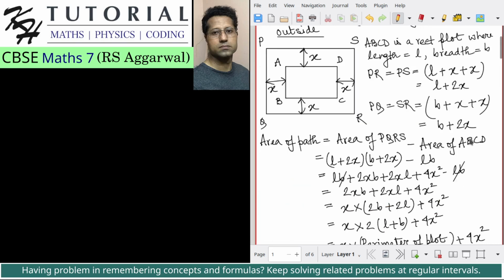Please be careful that the perimeter of the path is the perimeter of the rectangle PQRS plus the perimeter of the rectangular plot.